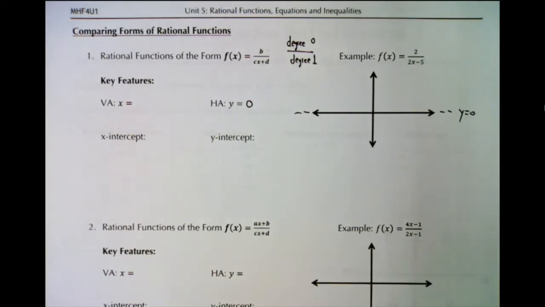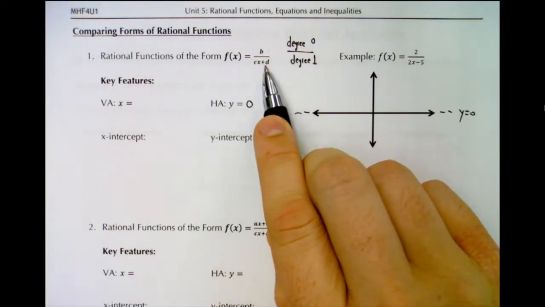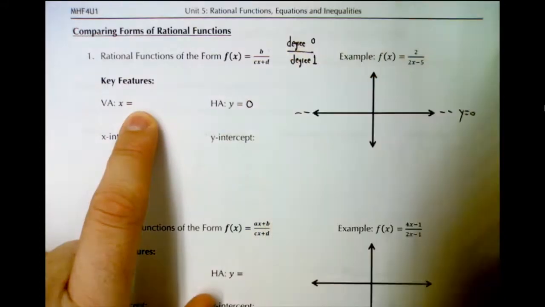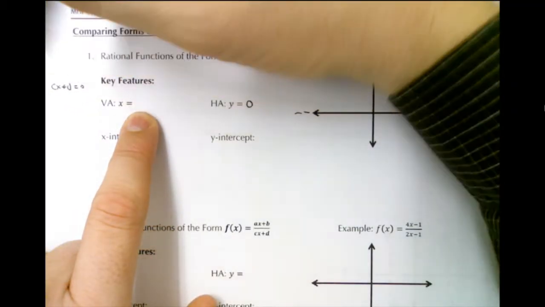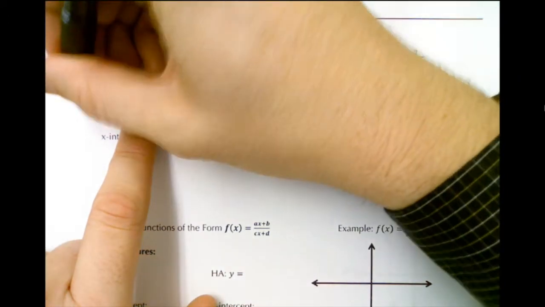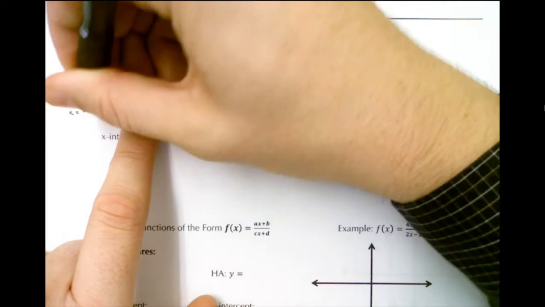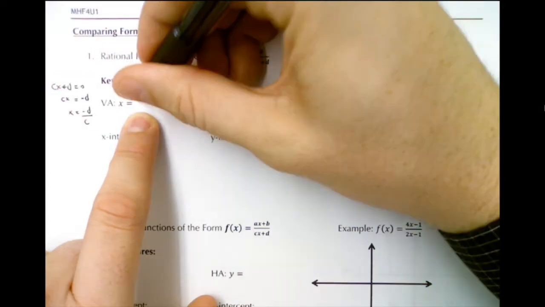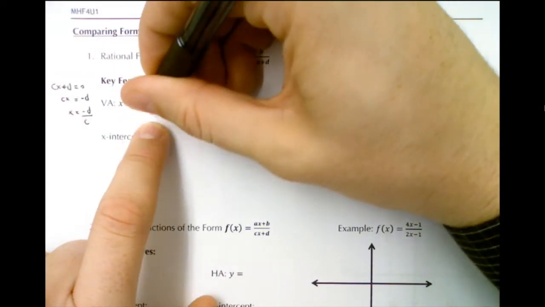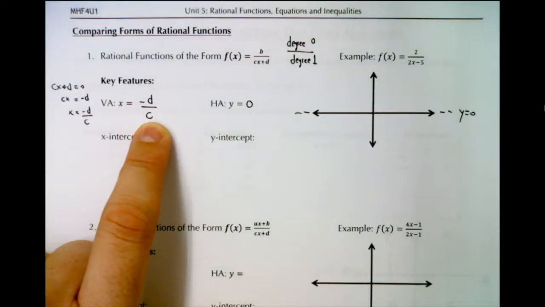Vertical asymptotes come from the denominator. So if we set the denominator equal to 0, cx plus d equals 0, and we start to rearrange, we would get negative d equals cx, and x equals negative d over c. So the vertical asymptote will always follow that pattern, negative d over c.